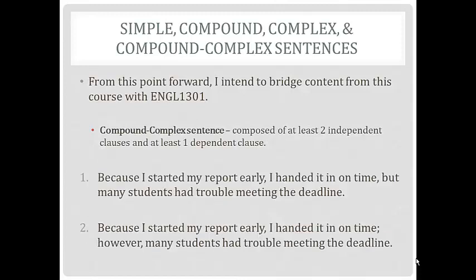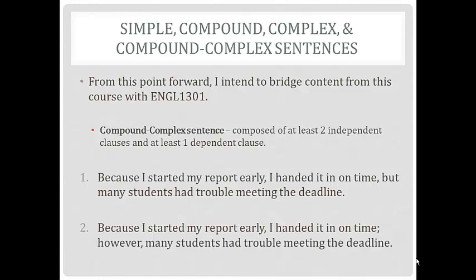The last type of sentence structure example here is a compound complex sentence. Now, please do not always assume that all really long sentences are going to be composed of at least two independent clauses. Not all long sentences are going to be compound complex sentences.